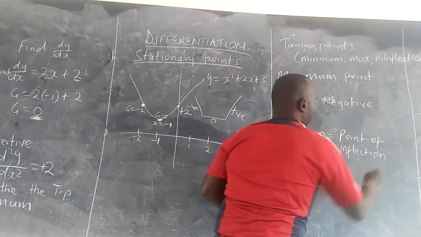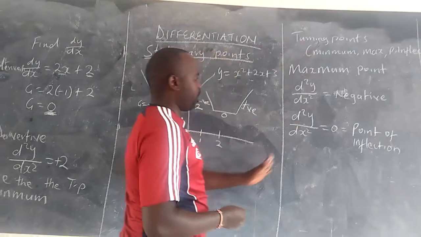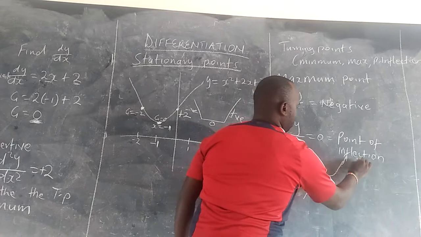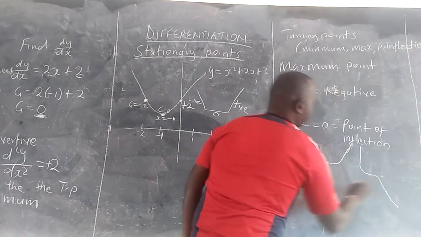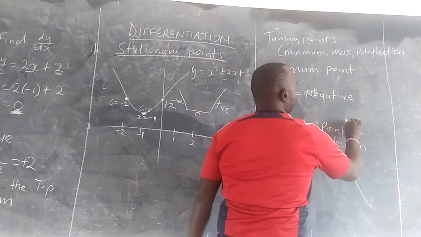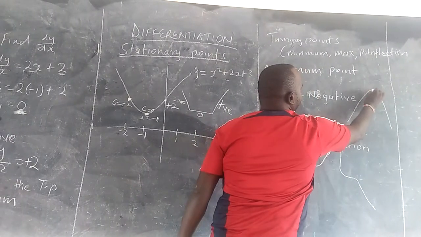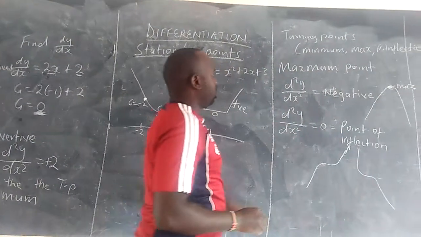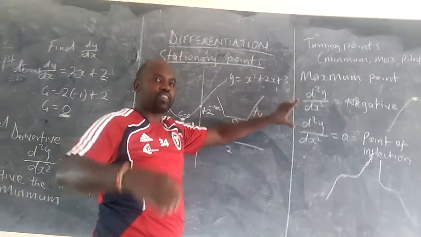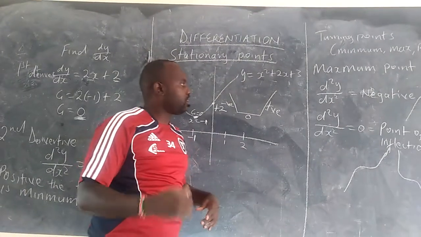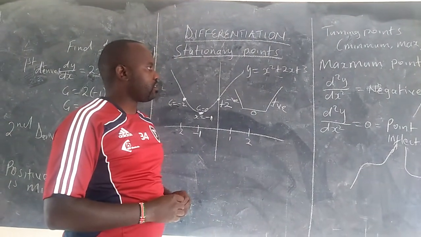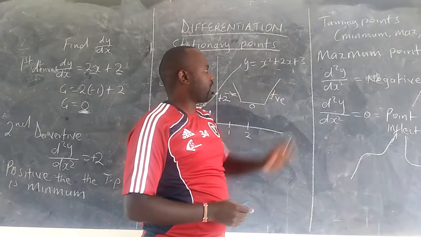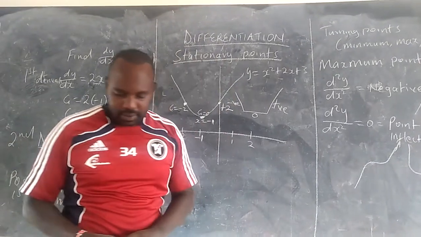And what is a point of inflection? A point of inflection is whereby the curve is turning from positive to positive or negative to negative. And for maximum, it is turning in that manner. So this is a maximum point. This is the test: you go to the second derivative. This is the most important thing to test for the maximum point.